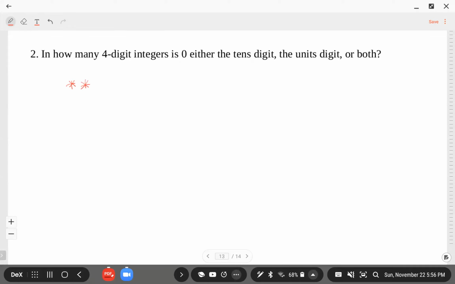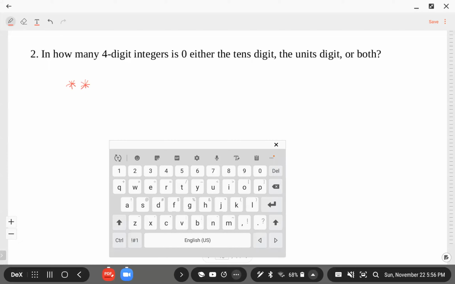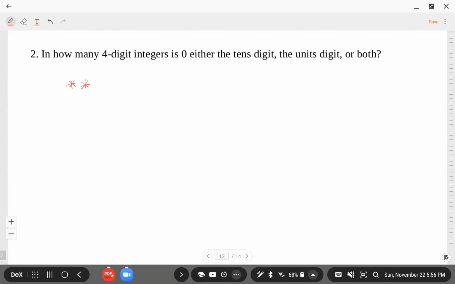This is our four-digit number. We don't care what the first two digits are. Just know that zero can either be the tens digit, the units digit, or both.